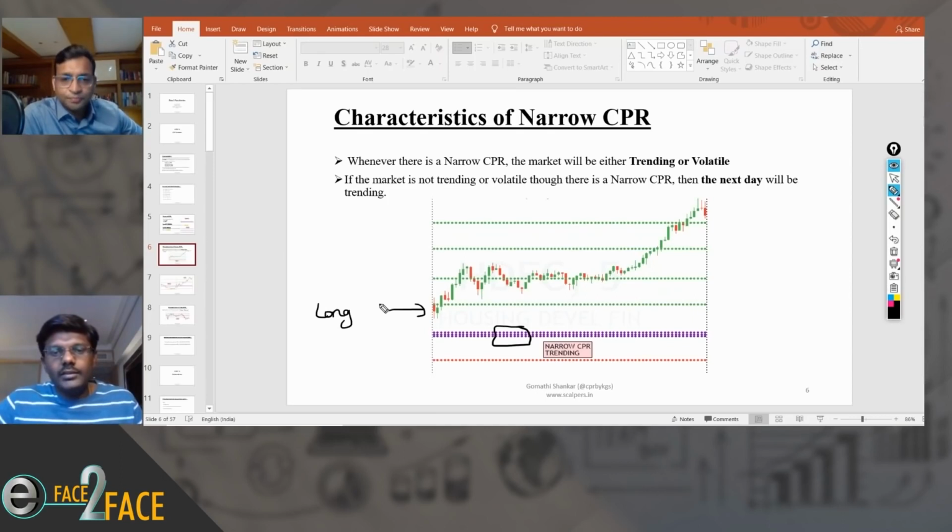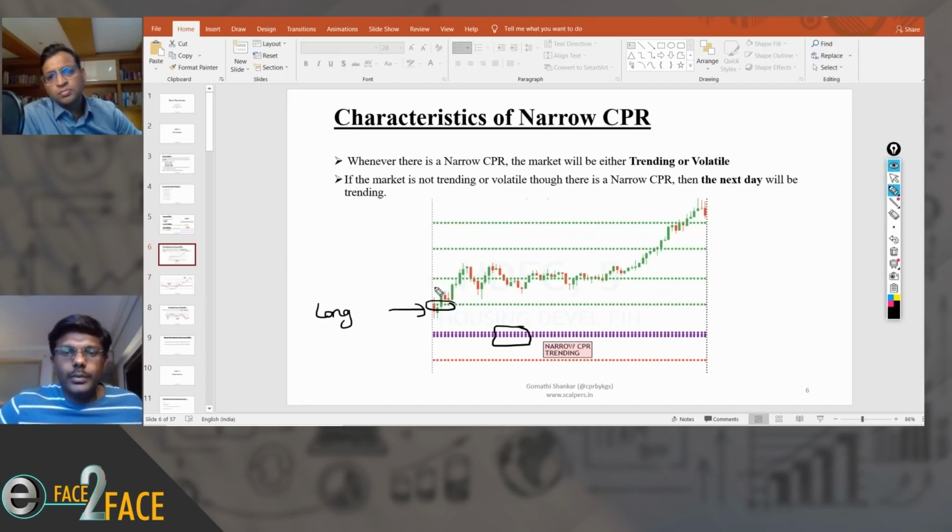Here the candles are staying above the CPR and opening around R1 levels. When the market opens around R1 levels, we can clearly understand that this day is going to be a trending day, and we have to look only for long opportunities. Whenever the price dips down, we buy on dips.